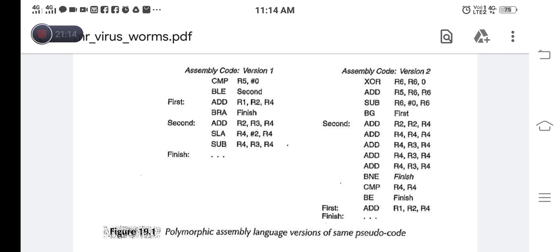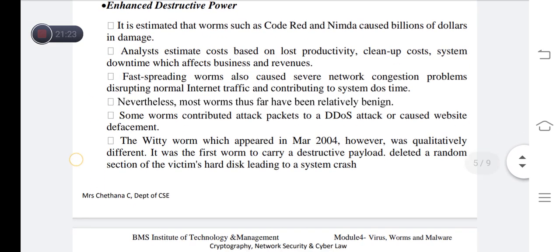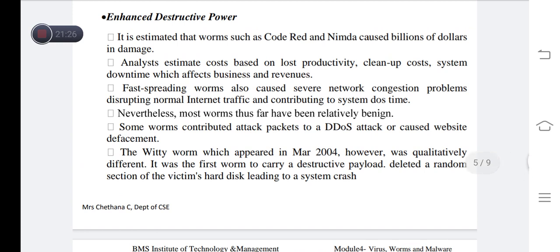Fine. So next we have enhanced destructive power, that is one more feature of the worm. For example, Code Red and Nimda caused billions of dollars in damage. If the analysis is done, the estimated cost is based on lost productivity, cleanup cost, and system downtime.